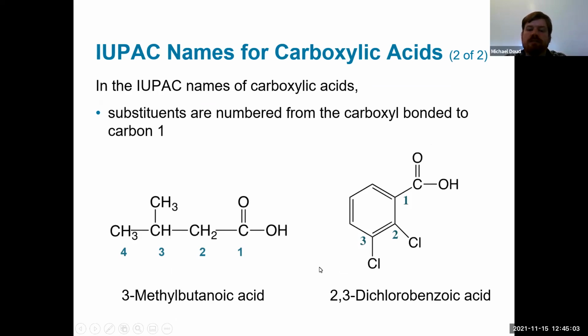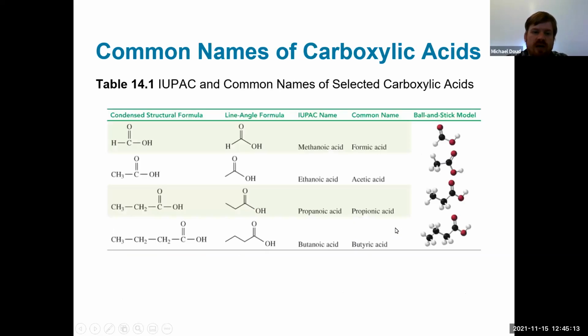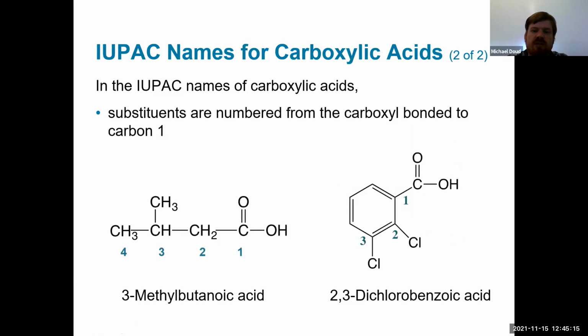Now, there is a special carboxylic acid that we'll need to know because it's aromatic. It's what's called benzoic acid. Do I have it? I thought I had a special slide on it, but I guess I don't here. So benzoic acid is just a benzene ring with the carboxylic acid attached. Very similar to benzaldehyde.